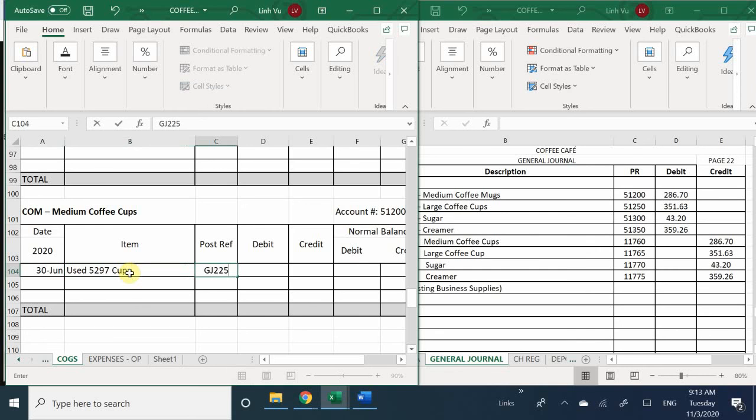General journal number 22. All right, and how much is my debit for? $286.70, making my beginning debit balance $286.70.